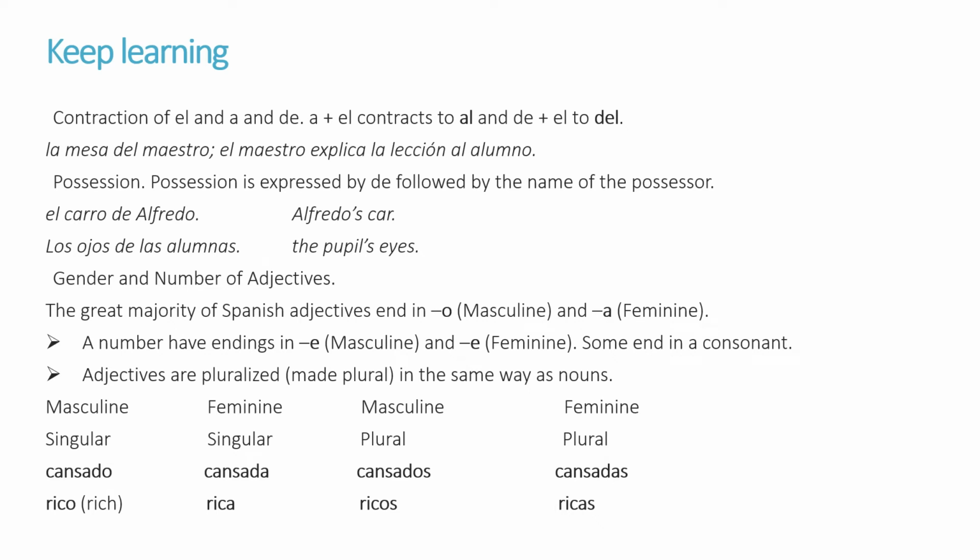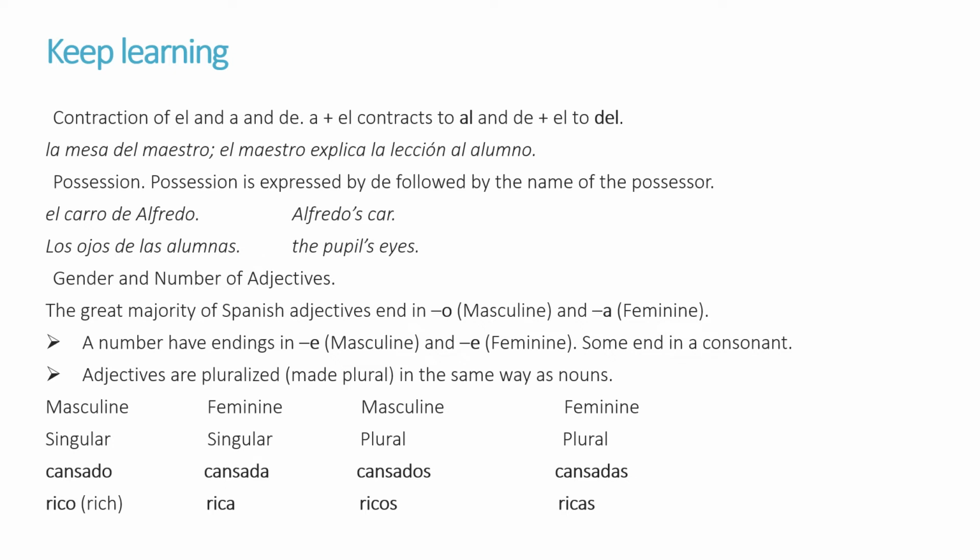For example, la mesa del maestro. The table of the teacher. El maestro explica la lección al alumno. The teacher explained the lesson to the student. In this case, we are showing possession using these construct words. Possession is expressed by de followed by the name of the possessor.